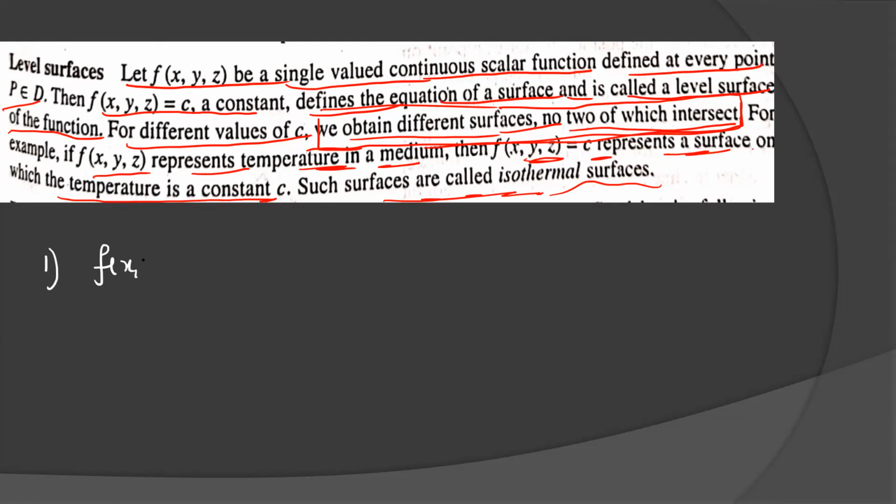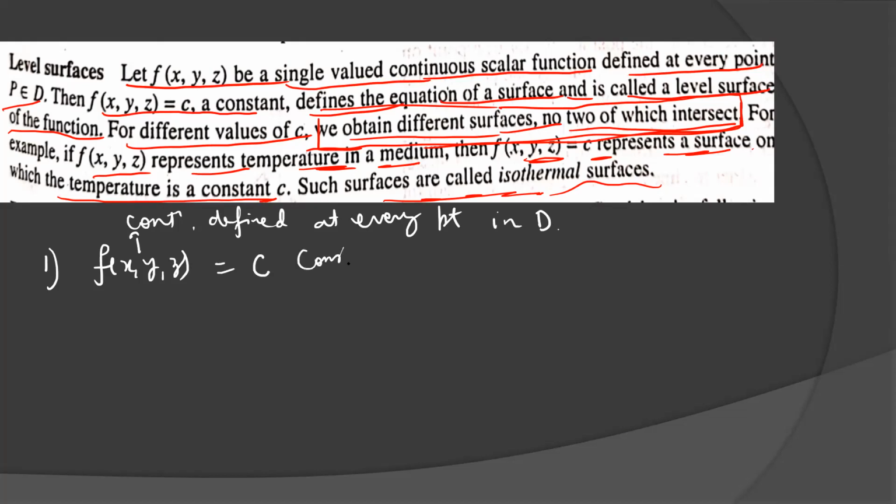If you have any scalar function, which is single valued, continuous, and defined at every point in domain D, and it is equal to any constant value c, then this represents a level surface. For different values of c, we will get different surfaces, but no two surfaces will intersect.